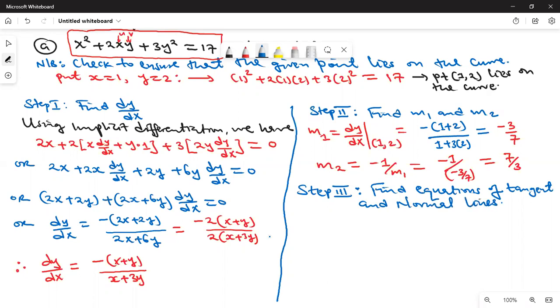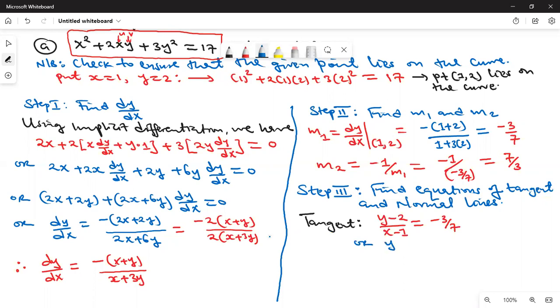So let's start with the tangent line. Change in y, that is y minus 2, over change in x, which is x minus 1, is equal to M1, which we have found to be negative 3 over 7. That is the equation.